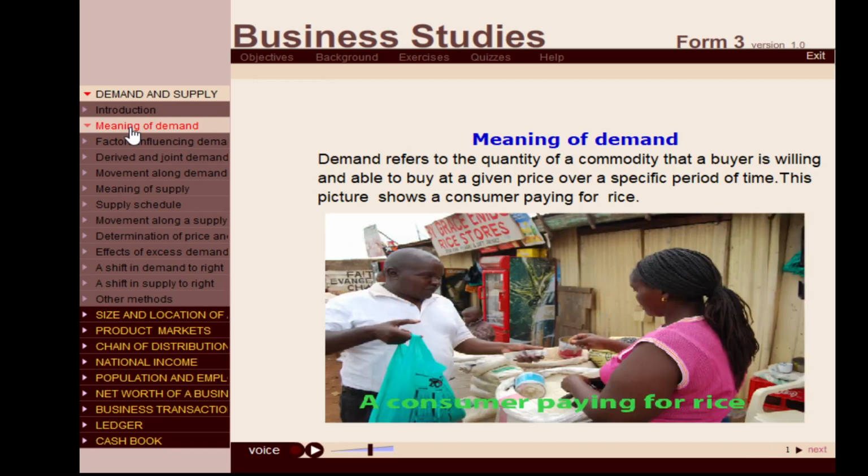Meaning of demand. Demand refers to the quantity of a commodity that a buyer is willing and able to buy at a given price over a specific period of time. This picture shows a consumer paying for rice.